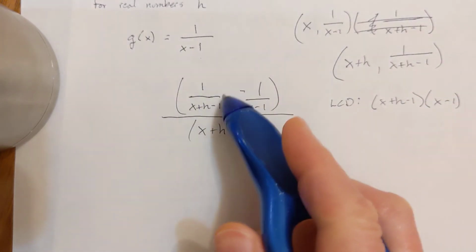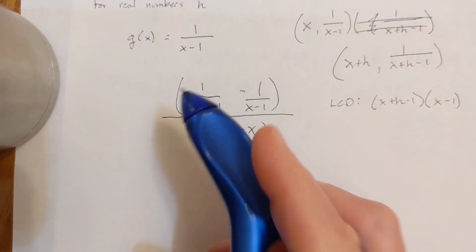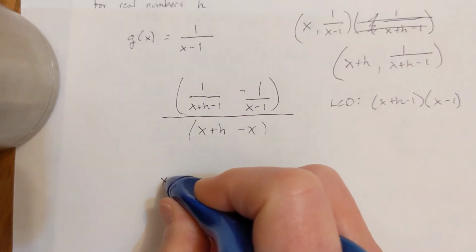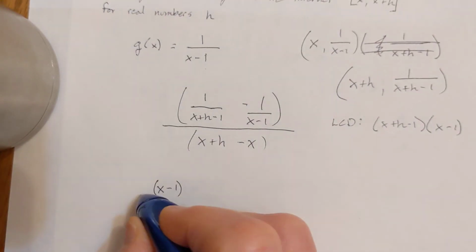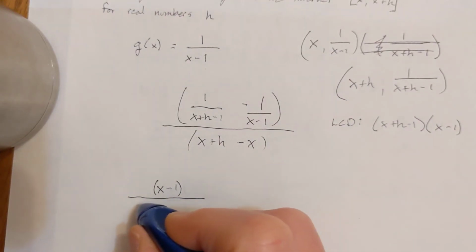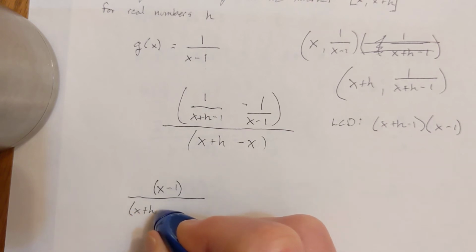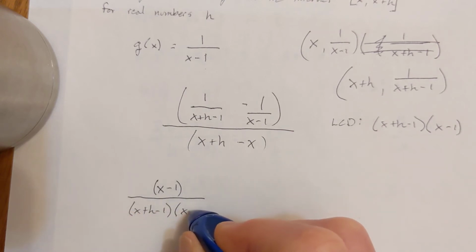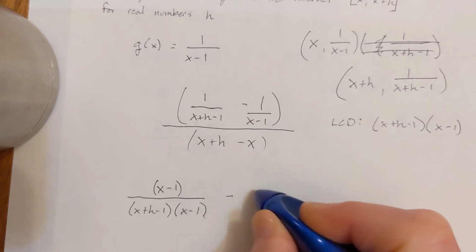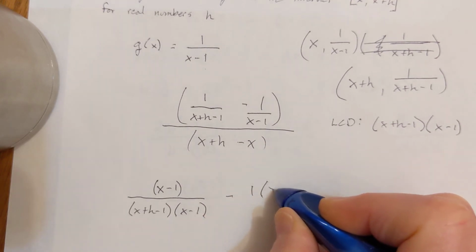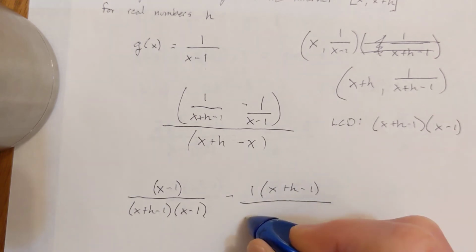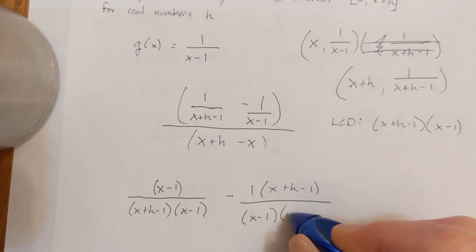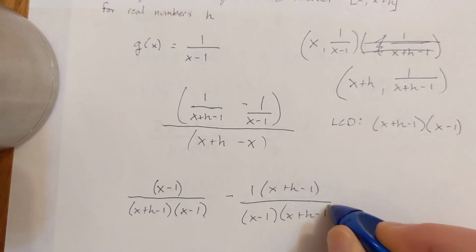So this first fraction I'm going to multiply by x minus 1, and the second by x plus h minus 1, over x minus 1 times x plus h minus 1.